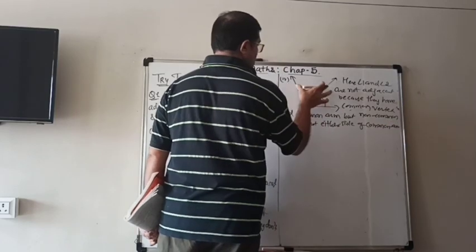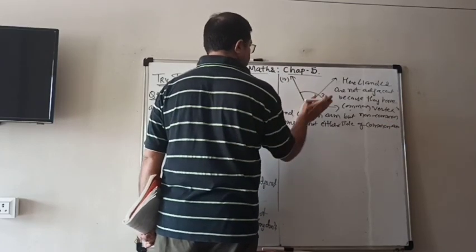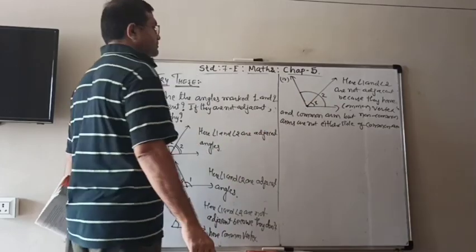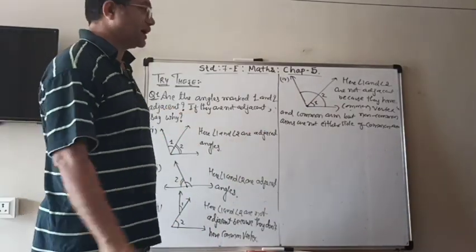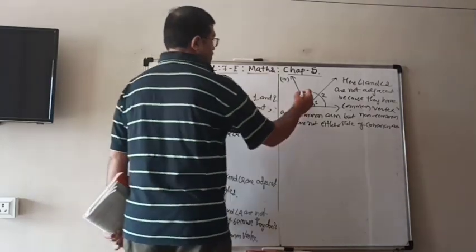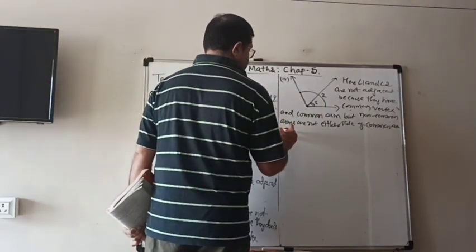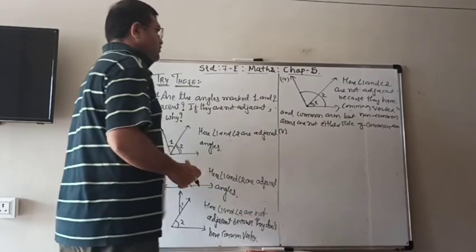You can see that the non-common arms are on the same side of the common arm. So angle 1 and angle 2 are not adjacent angles.